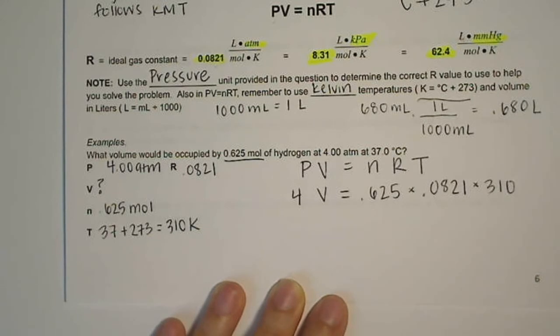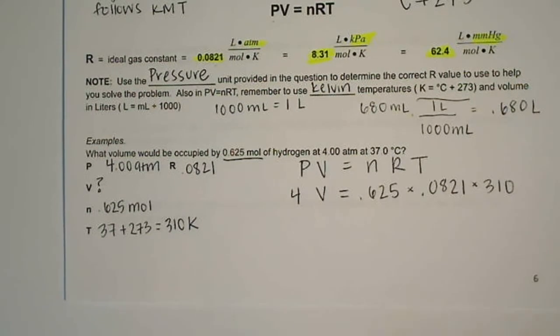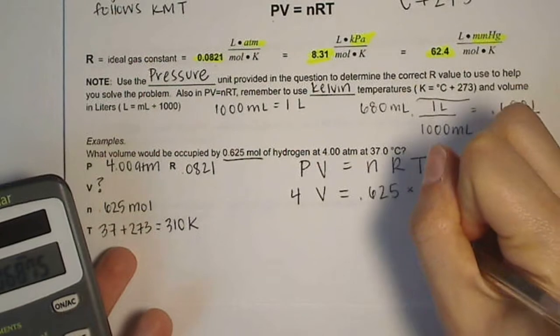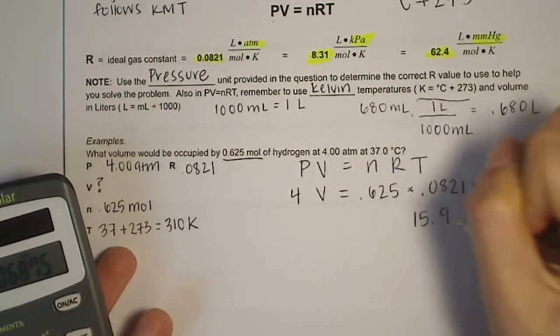Now I want to get volume by itself, so we're going to have to divide by 4 on each side. We're going to do 0.625 times 0.0821 times 310, and that's 15.9.